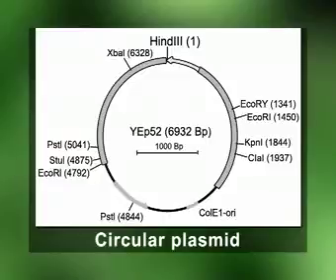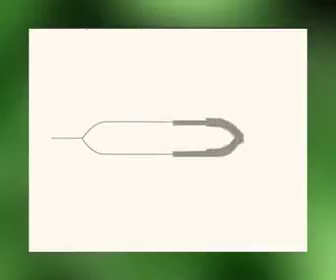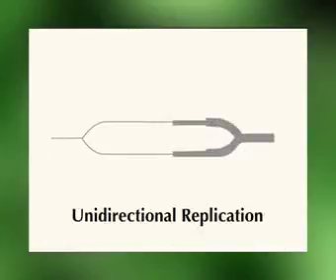The pMB1 replicon does not require plasmid encoded functions for replication. Instead, it relies entirely on long-lived enzymes supplied by the host. Replication occurs unidirectionally from a specific origin and is primed by an RNA primer.